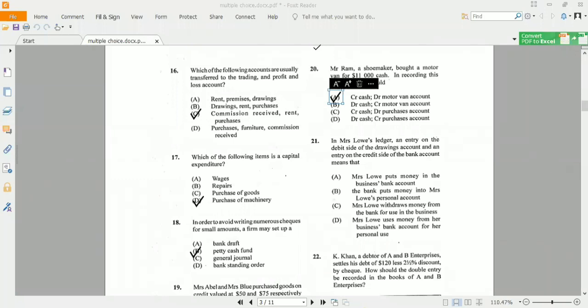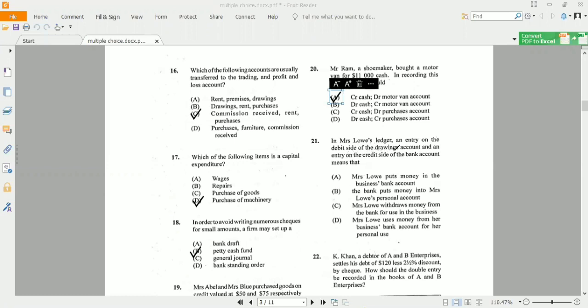So that is why you have the goods account split into purchases, sales, returns inwards and returns outwards. So you have to know to analyze it. And oftentimes you know, but then when it comes to explaining yourself, you find it difficult. So it is because we did not purchase goods, the motor van for resale. That is why we did not use C as the response.